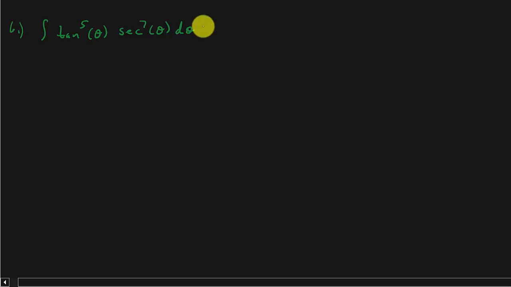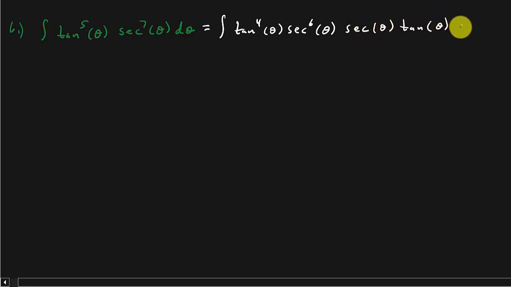All right. So we're going to rewrite this as the integral of tangent to the fourth, secant to the sixth, times what? Secant theta tangent theta d theta. All right. So this is the factor that I saved, secant tangent. Well, the derivative of what is secant tangent?